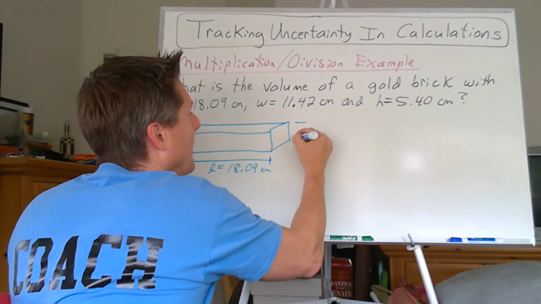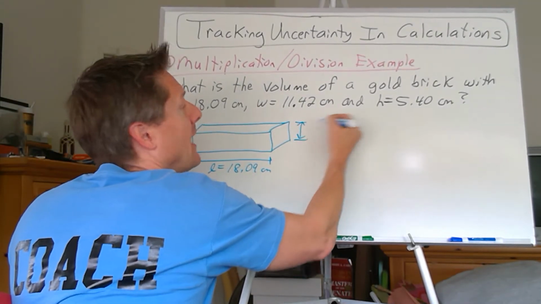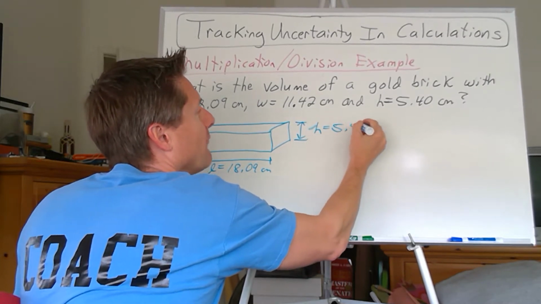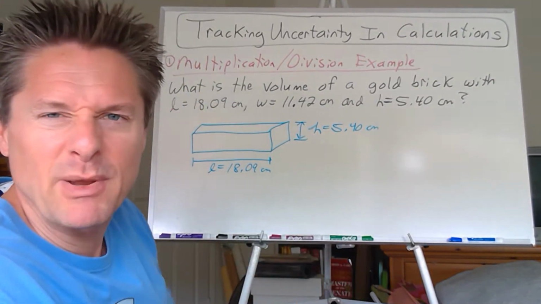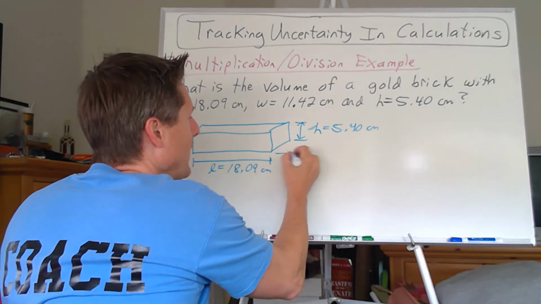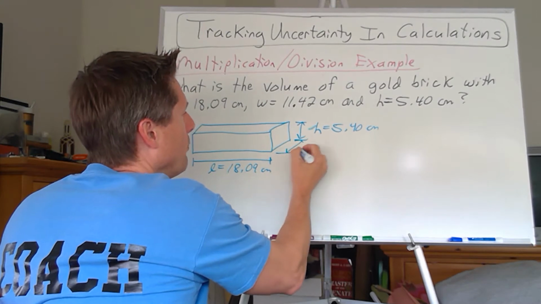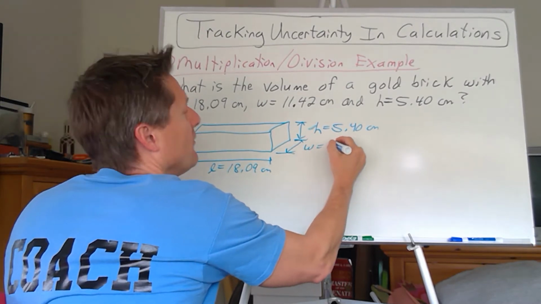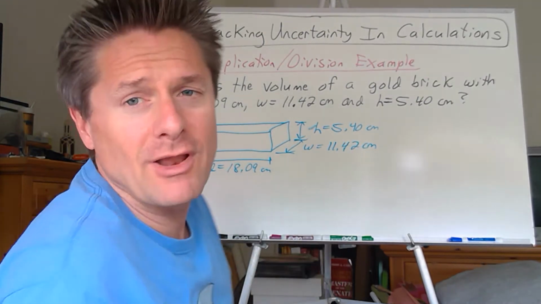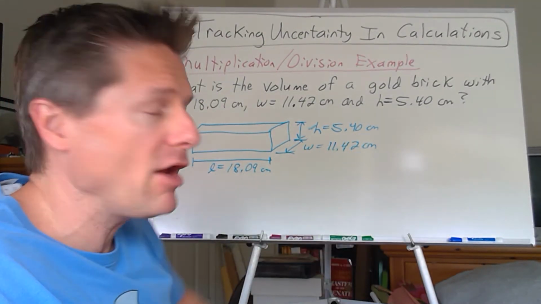We know the height. What's the height? 5.40. You don't have to draw this out, but it's always nice to have a picture of what you're doing. I never require you to draw this. And then we've got this width here. What's that? 11.42? Doesn't look like it's drawn to scale, but it goes back pretty far there.